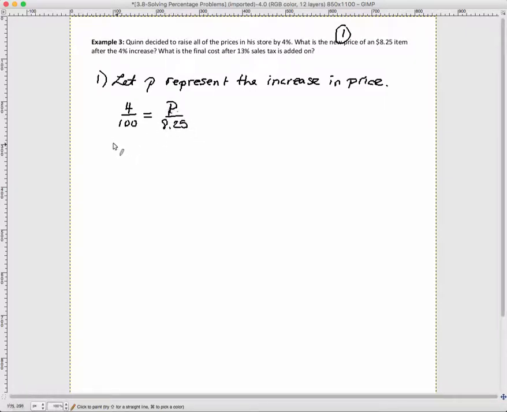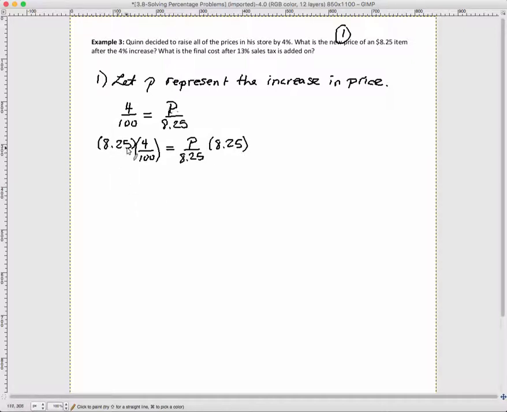So we multiply both sides by $8.25. 4/100ths, and we can put that in a bracket if you would like. Then I multiply the right-hand side by the same amount to eliminate the fraction.